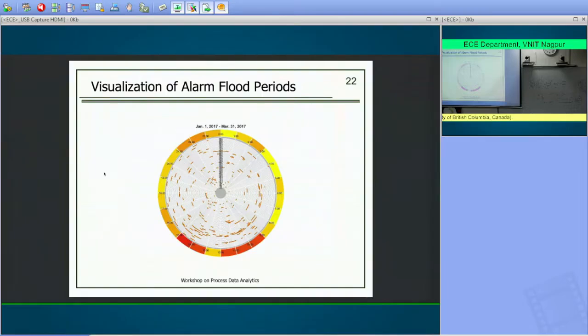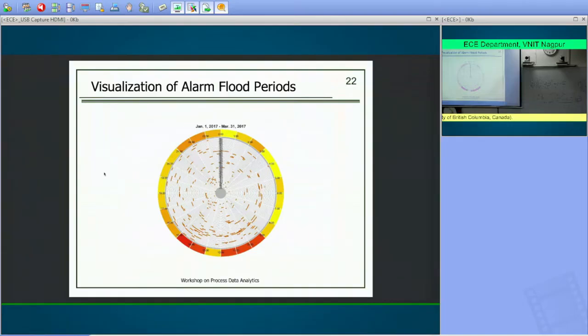And every circle inside represents one day. And these red or purple colored bars represent the duration of alarms. Okay, so for instance, on this day at 8 o'clock in the morning, there were some alarms.